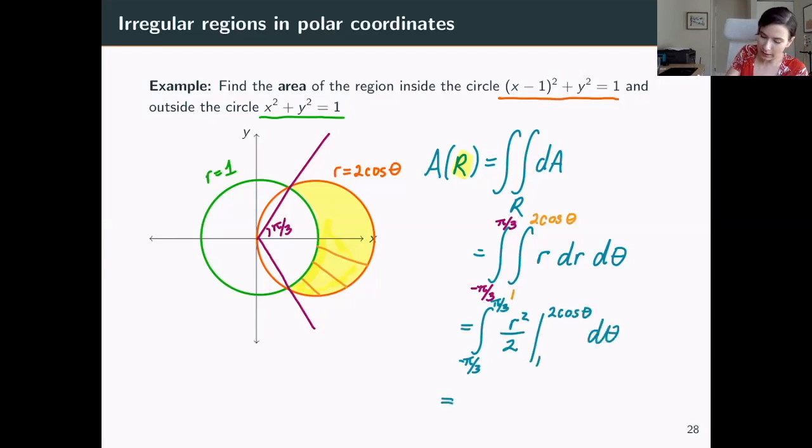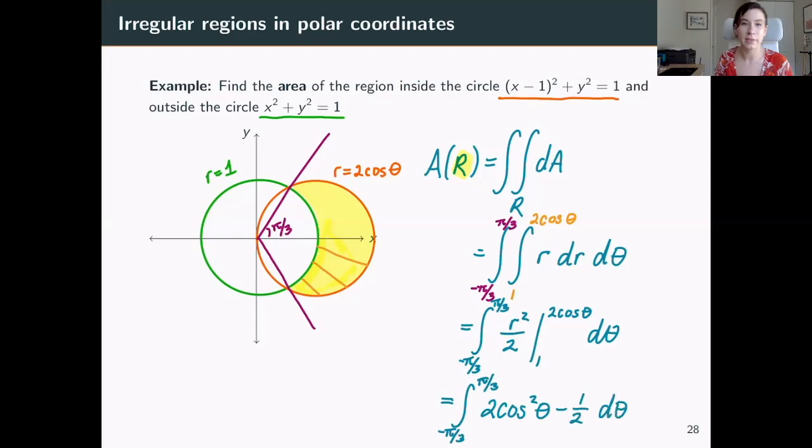Then this is the integral from negative pi over 3 to pi over 3 of, we'll substitute in our 2 cos theta. So in total, that's going to leave me with 2 cos squared of theta. My 4 cancels out with the 2 in the denominator. And then we're going to be subtracting a 1/2, and then d theta.